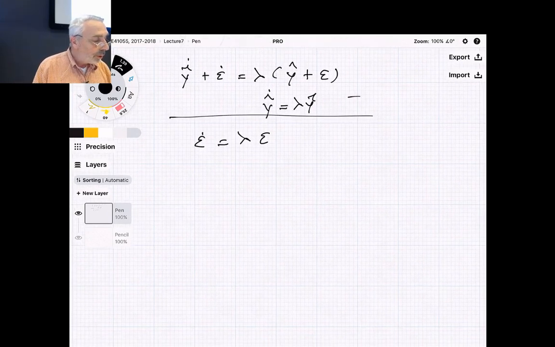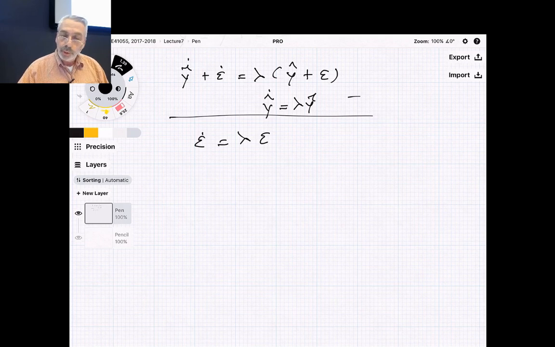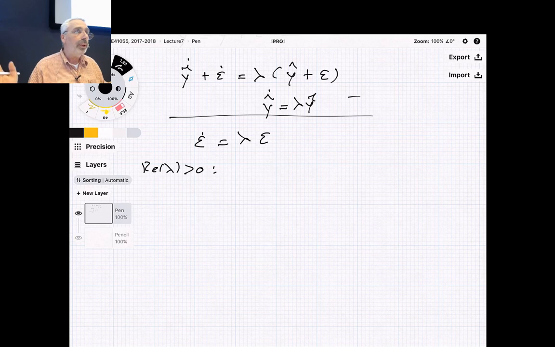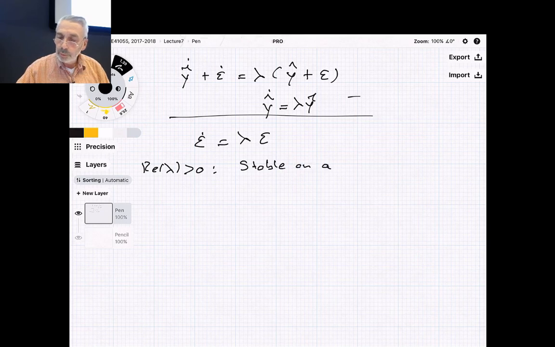Now, what are we going to do? If this is the error equation, we know already if the real part of lambda is positive, then whatever happens, errors will always grow. I mean, that's in the equation. So we call that the whole system is stable on a fixed interval.